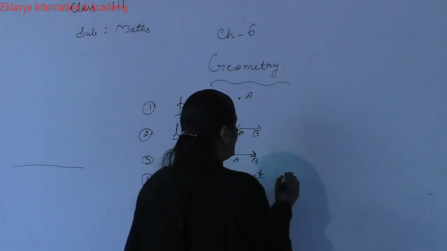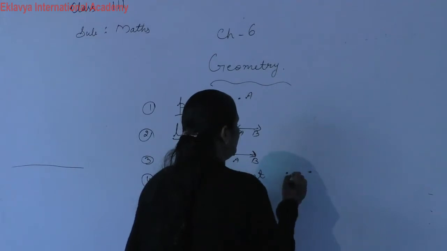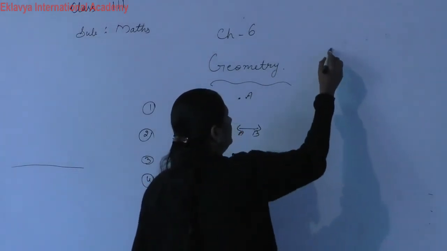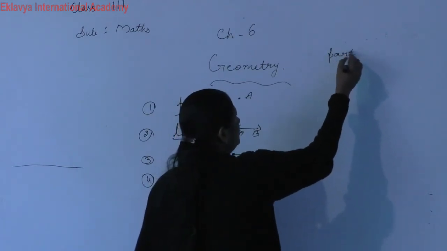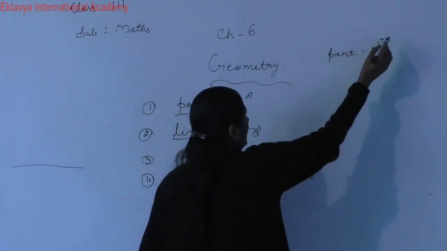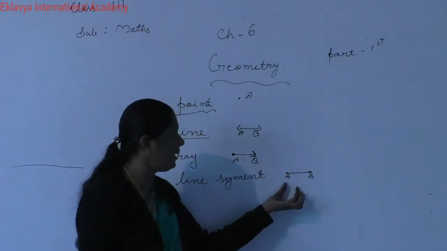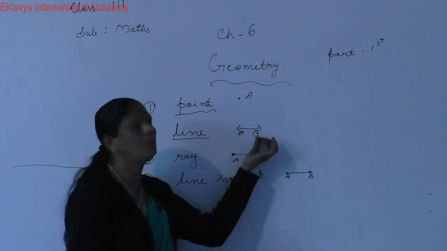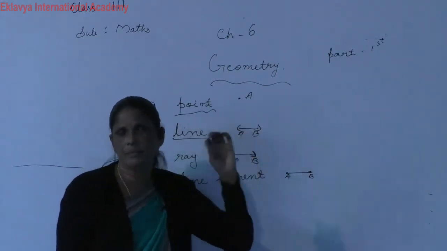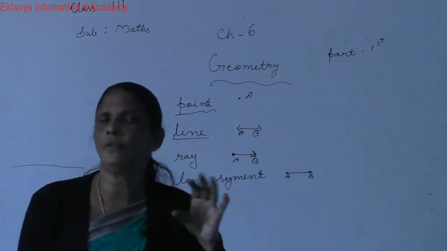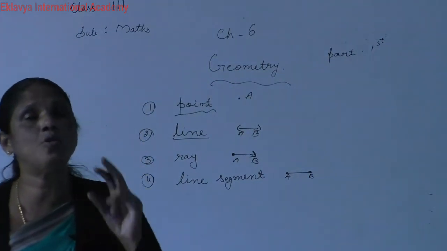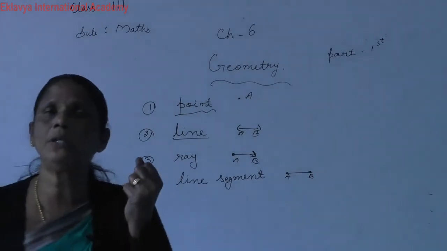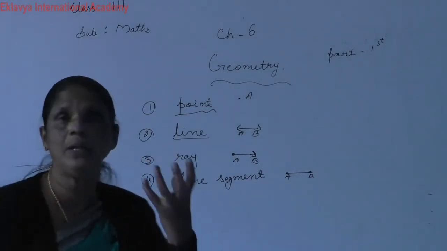This is the line segment. A line segment is a part of a line. It has two end points and a definite measure, a definite length.